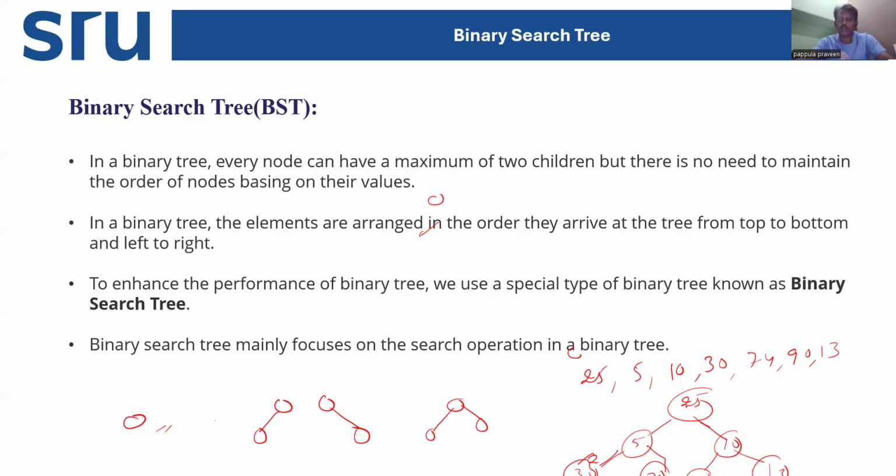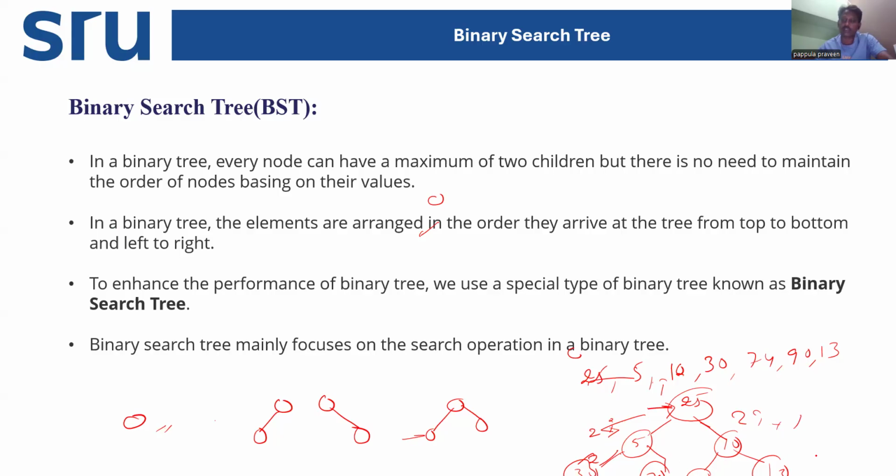Suppose you want to access 13. First we compare with the root node. Is 25 equal to 13? No. Then move to the left side. Is 5 equal to 13? No. Here the left child is at position 2 into i, and the right child is at 2 into i plus 1, where i equals 1. The second element is not equivalent.